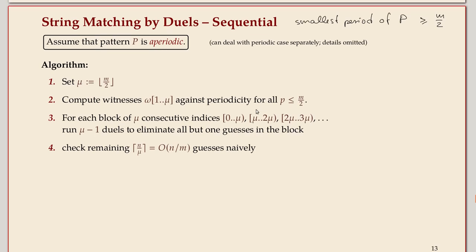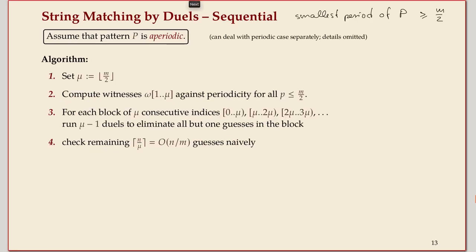So if P is aperiodic, we define this number mu that's just an abbreviation. That's essentially the bound on the period, and we round down to get an integral number. And that will be a block size. But before we do blocks, we compute based on our pattern, so that's a pre-processing. We compute witnesses against periodicity.